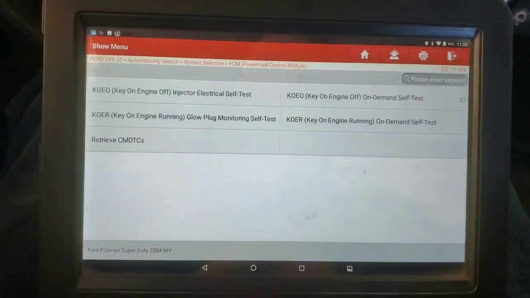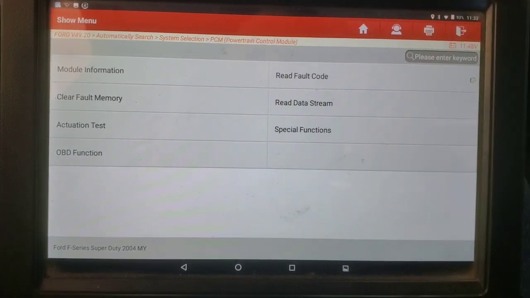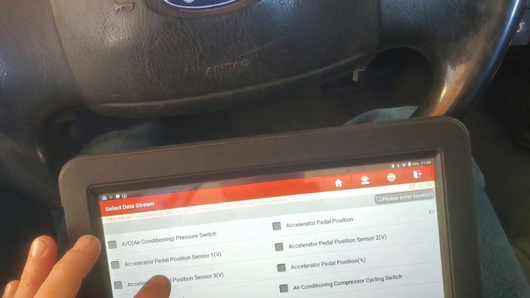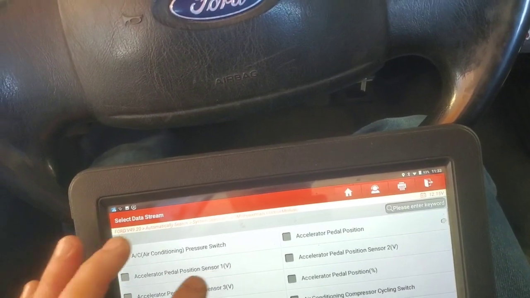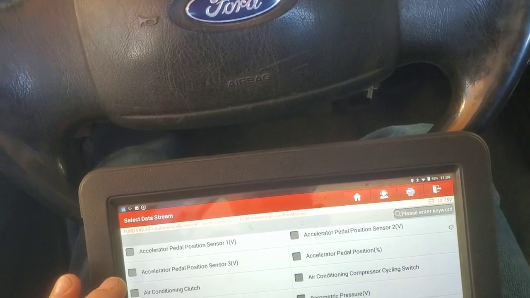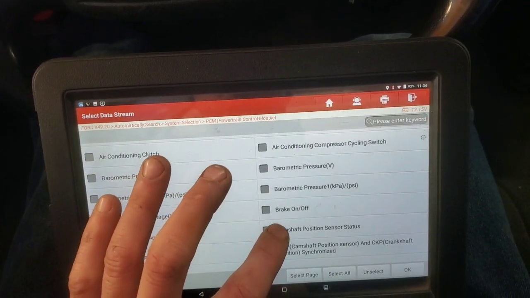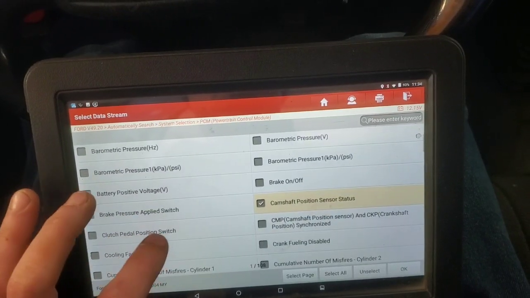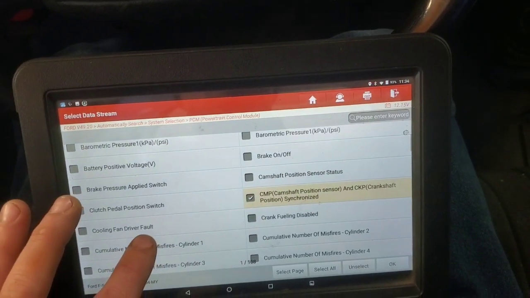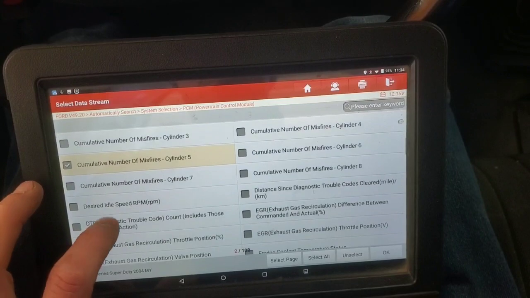So anyways, we're going to get back out of here and then go in here to read the data stream. We'll probably get into looking at the accelerator position stuff here, but not right off the bat. So we want camshaft position status. That's your sync. Oh, wait a minute, that's the one right there, cam and crank sync.